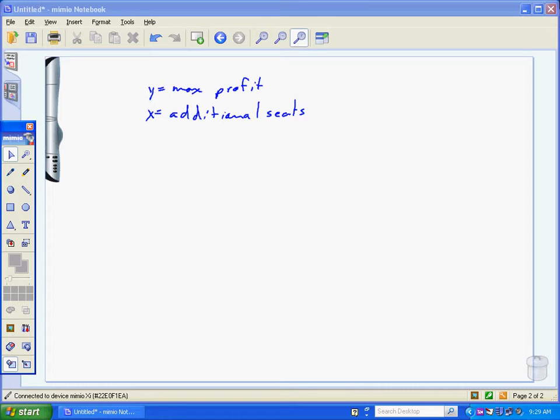Okay, so now, I like the words because it seems like you guys do better on these if you put the words down. What makes profit in this restaurant? Well, the profit per seat times the number of seats gives us our maximum profit, or our profit period if we didn't figure out the maximum.